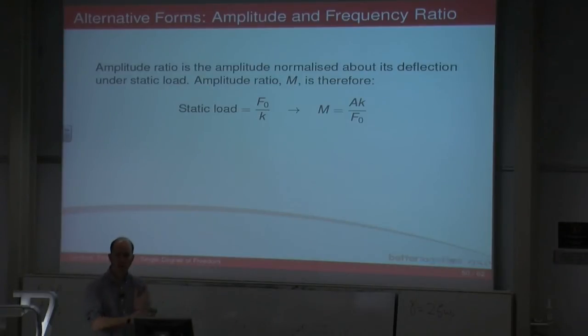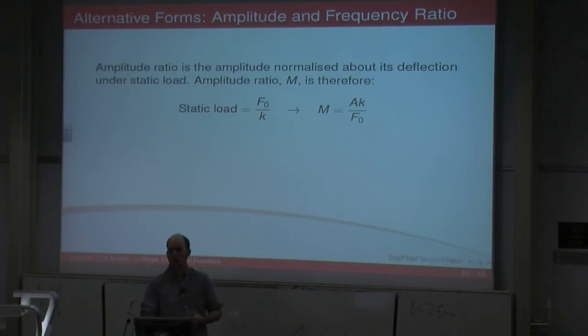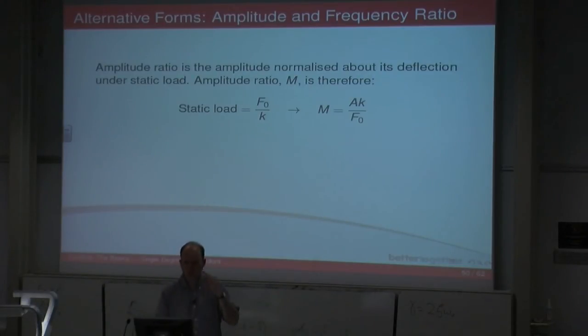So at static displacement you've got an amplitude ratio of 1 to 1. Obviously as your amplitude goes up or goes down, you get a value of greater than 1 or less than 1, and that will give you the amplitude ratio of that particular amplitude if you plug it into this equation. So m is amplitude ratio, it's referenced to the static load, it's normalised about the static load.